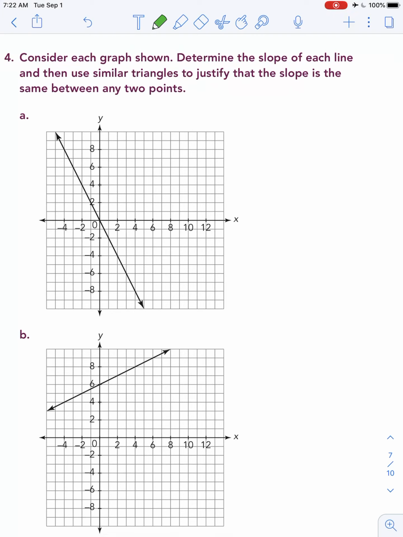So consider the graph shown, determine the slope of each line, and then use the triangles to justify that the slope is the same between 2 points. Okay, so here we go. First of all, is it a positive slope or a negative slope?